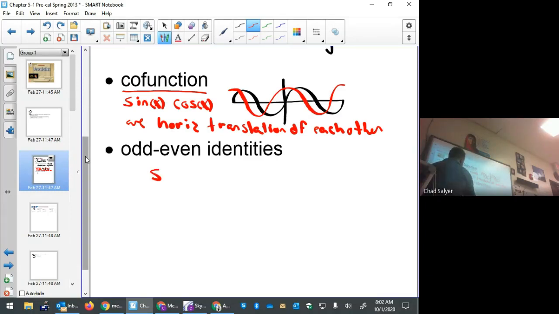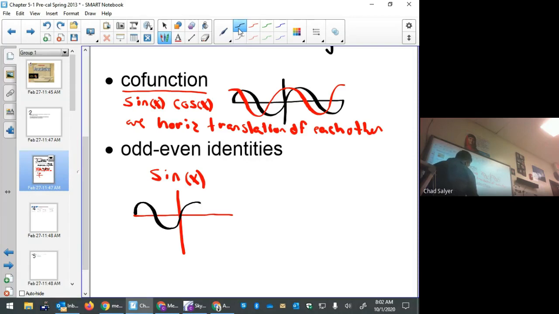If you look at sine of x, once again, we see that it is symmetric to the origin, so it is an odd function. And that gives us a small subset of identities.